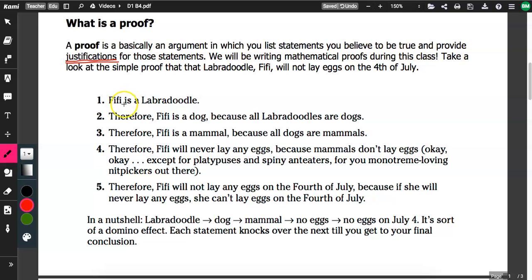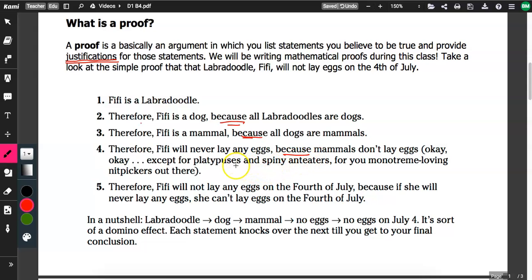Number 1, it says Fifi is a Labradoodle. Therefore, Fifi is a dog because all Labradoodles are dogs. That's our justification of how we know Fifi is a dog. Therefore, Fifi is a mammal because all dogs are mammals. Therefore, Fifi will never lay any eggs because mammals don't lay eggs.